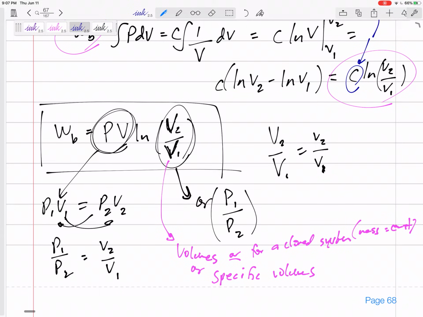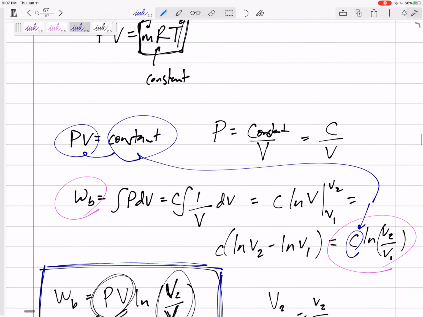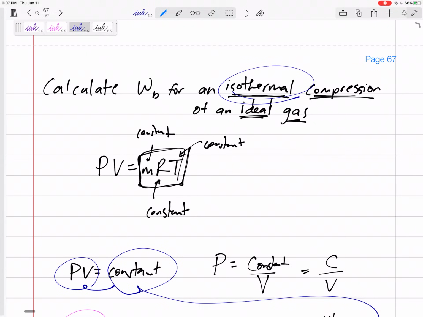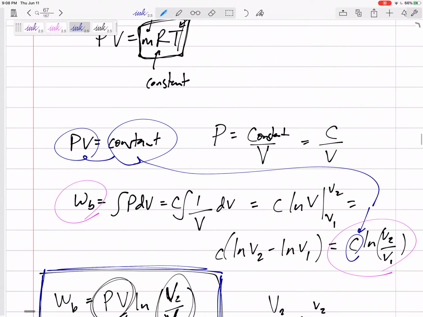So be careful here. I would write this on your formula sheet, but there are a lot of things you need to know about that formula. Especially in this class, you cannot just use formulas blindly without knowing when or how you should use them. You should only use that formula when calculating the boundary work for an isothermal compression of an ideal gas.